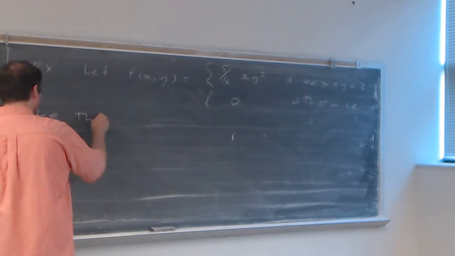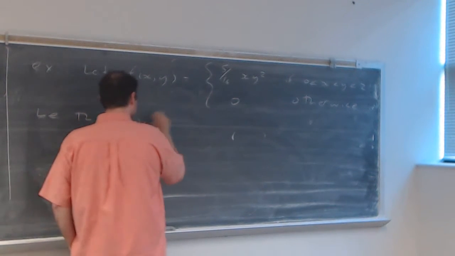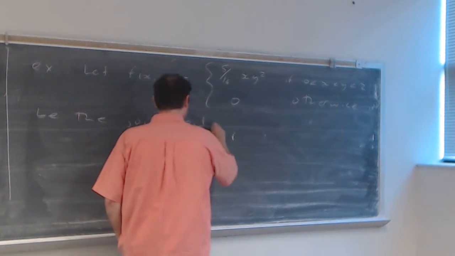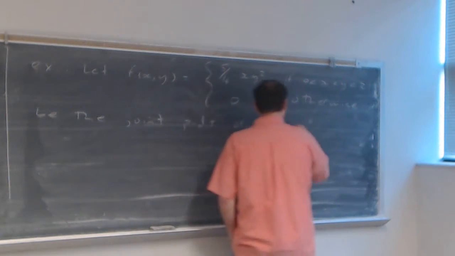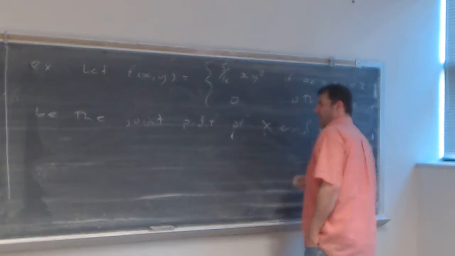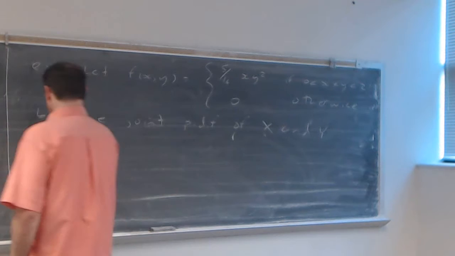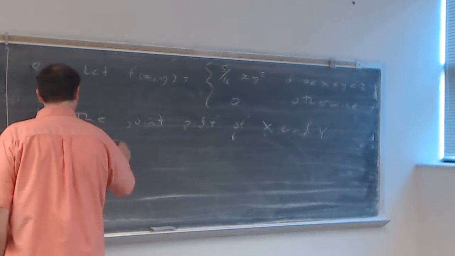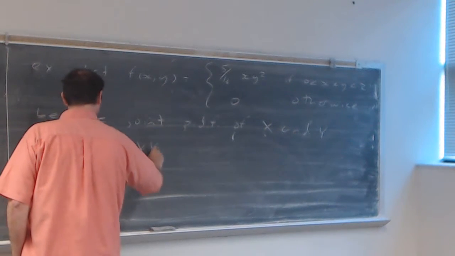B, the joint PDF of x and y. Find the expected value of x times y squared.